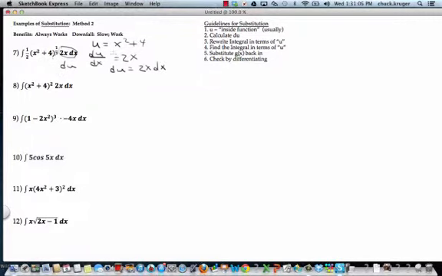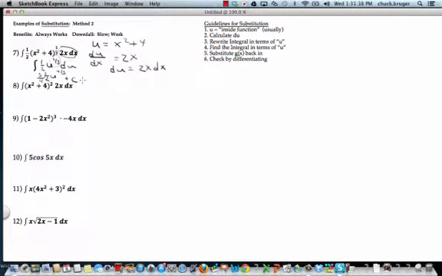And so right here I see 2x dx, I'm going to have a du right here. This x squared plus 4 I already said is going to be u, so I'm going to have u to the 1/3 power. And then I've got 1/2 as my coefficient, and this is what I'm going to integrate. So I'm going to look at that exponent, add 1 to it, so I'm going to get u to the 4/3, and I have 1/2, and I'm going to multiply with the reciprocal, which is 3/4, plus c.